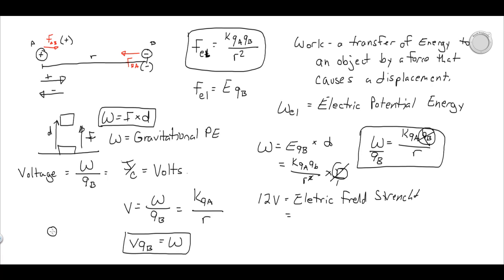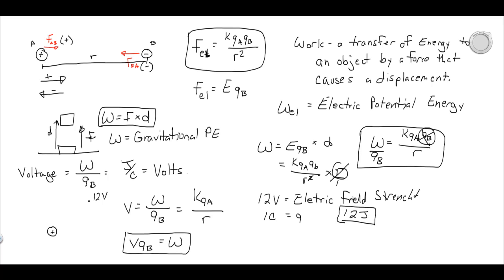So here's a positive charge. Let's say right here is an electric potential energy, or electric potential, of 12 volts. Okay, so at this distance away from my positive charge, I have 12 volts. So if I measured that, I got 12 volts. Well, that means that at this point, if I had 1 coulomb of charge, so if my charge equals 1 coulomb, well then it will do 12 joules of work.